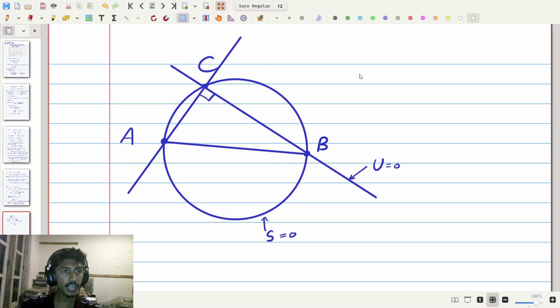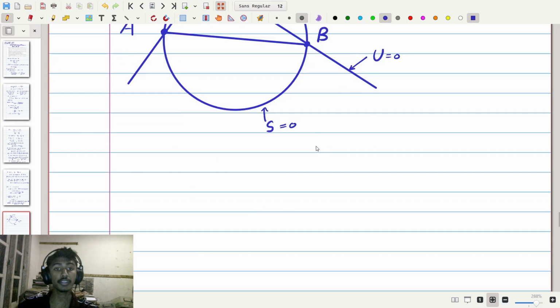Therefore, the second line here must be the line L. And from that we can see the point C that we're looking for, the point that's distinct from B but also on every circle of the form s plus lambda u equals 0, is the intersection point of the line L and the line u equals 0.